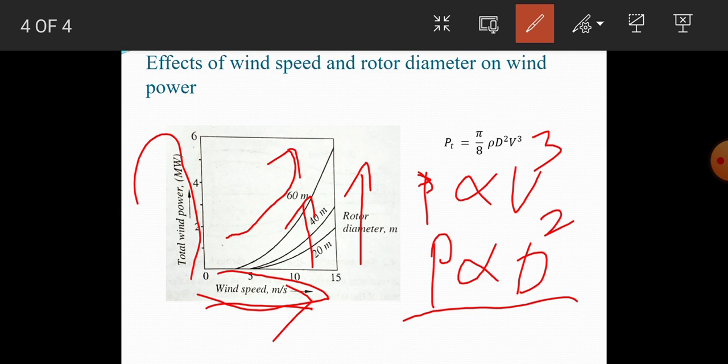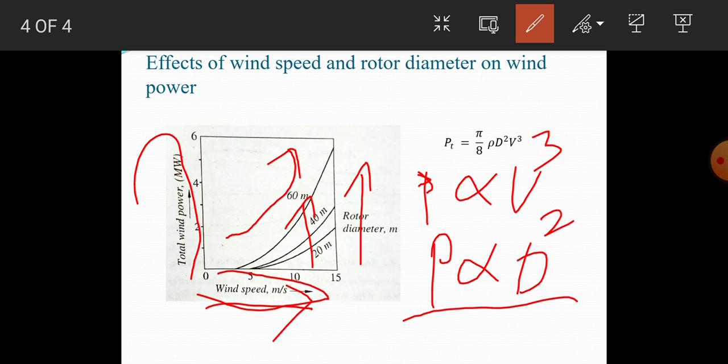That is, if we increase the rotor diameter from 20 to 40, the power increases many more times. So this is the effect of wind speed and rotor diameter on wind power.